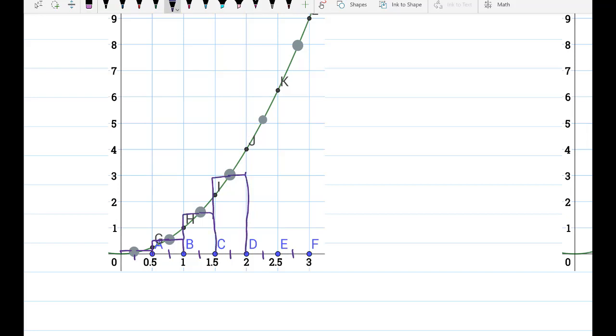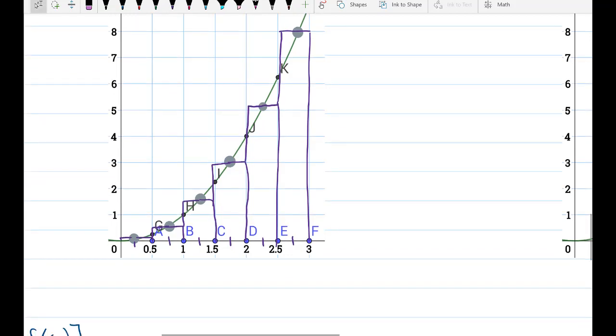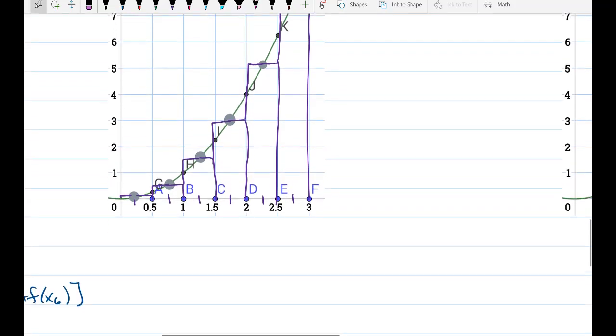So now we're going to draw a rectangle. And again, they go to each endpoint. So our goal now is to find the area underneath that rectangle. So take a second and try to do that on your own.